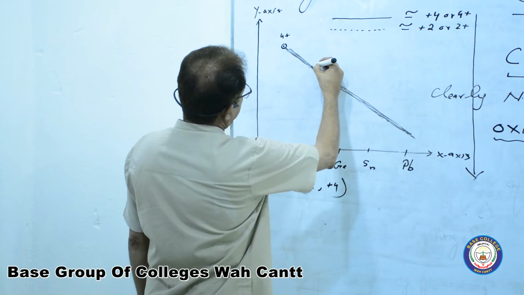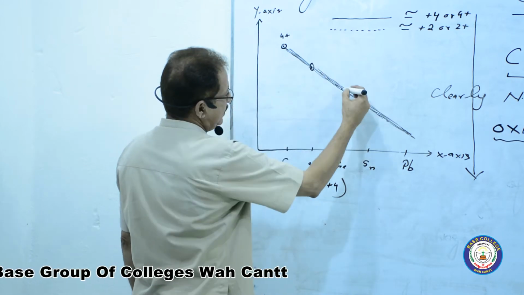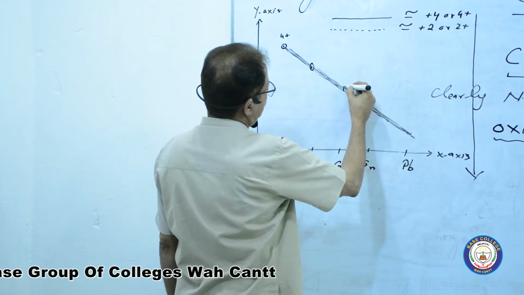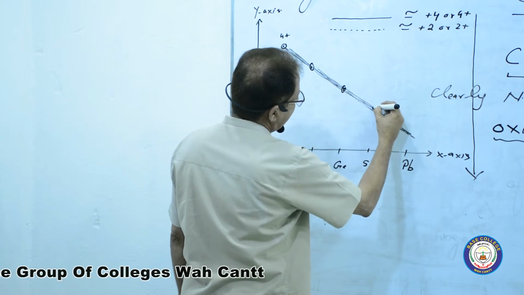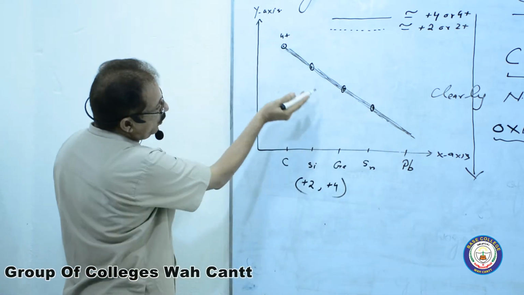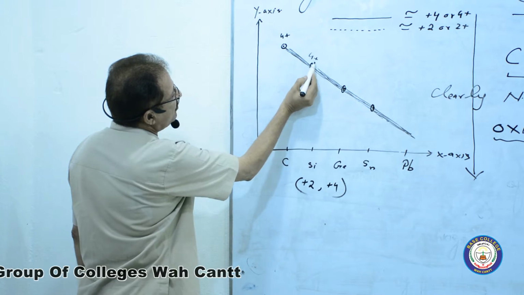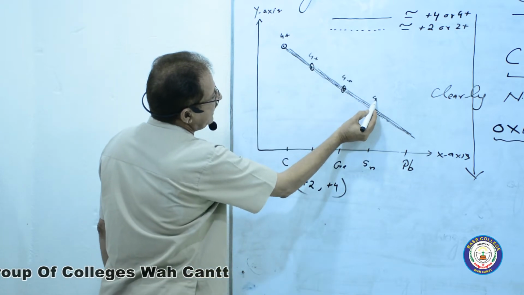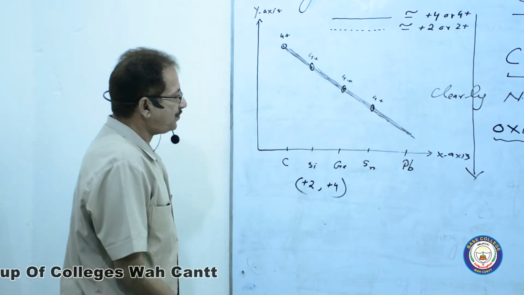Silicon plus 4, germanium plus 4, tin plus 4. The plus 4 is coming down. Okay, I write here 4 positive, 4 positive, 4 positive.